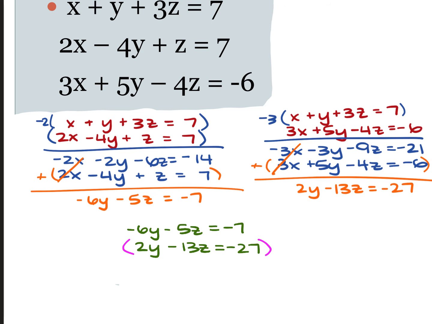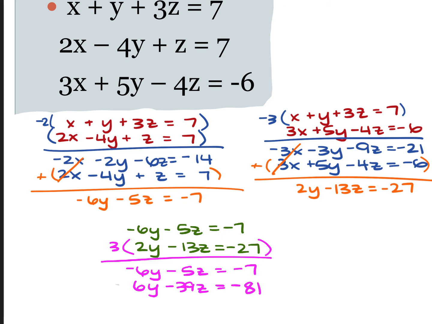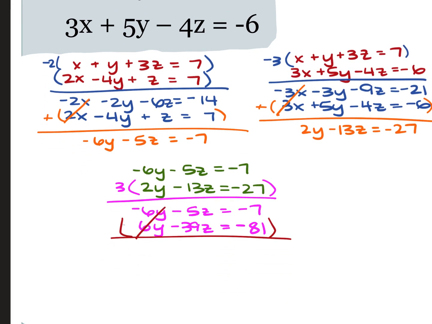We are going to multiply the bottom equation by 3 in order to cancel out those y's. The top one is not going to change. The bottom you're going to make into 6y minus 39z is equal to negative 27 times 3, which is negative 81. So you are going to combine these to eliminate those y values.